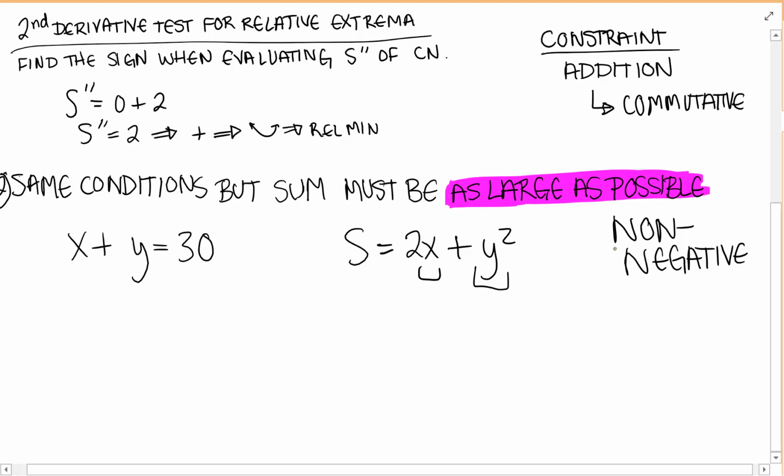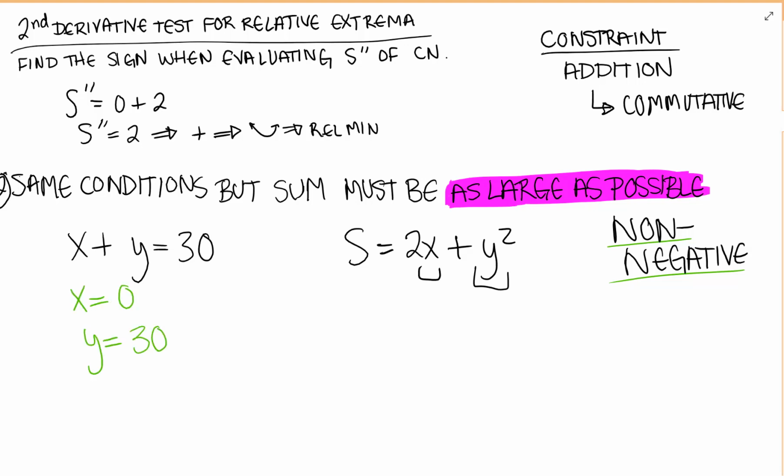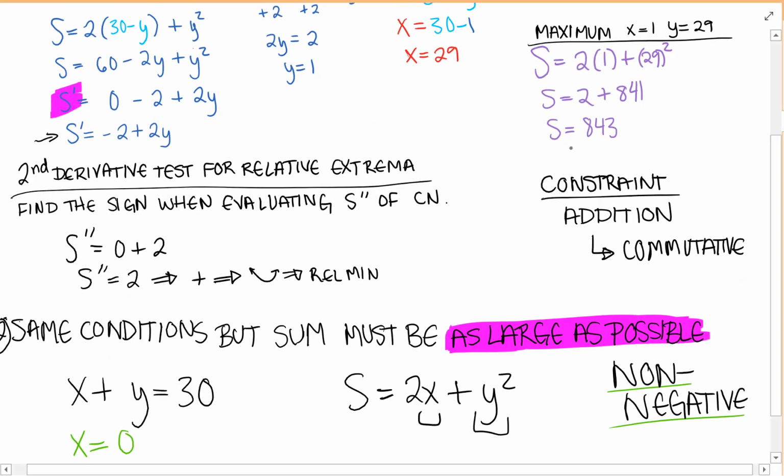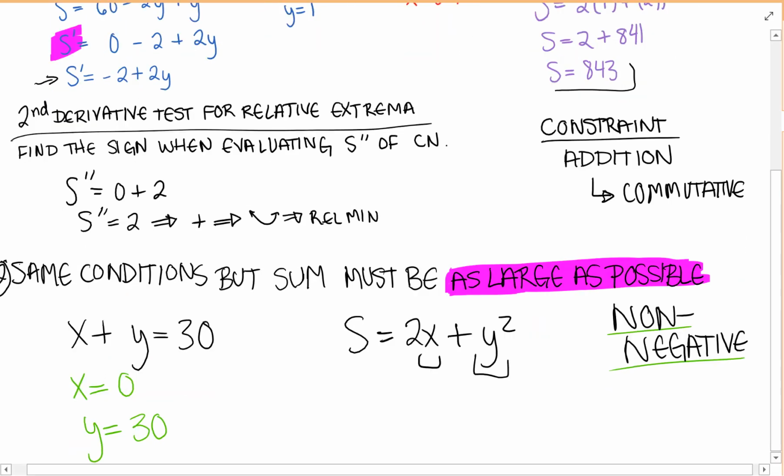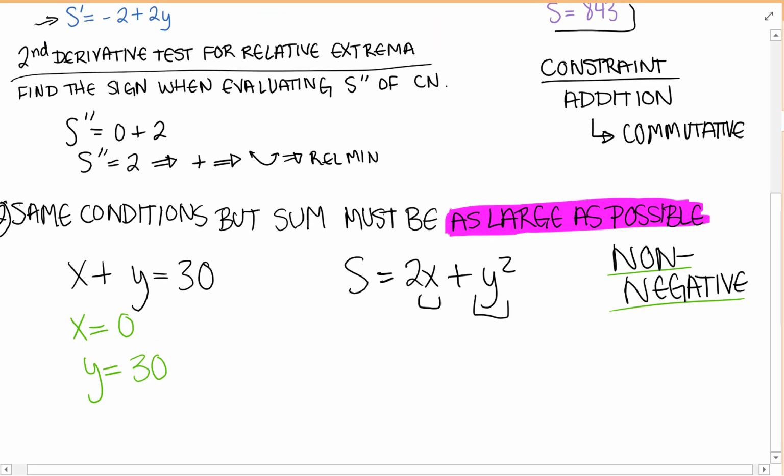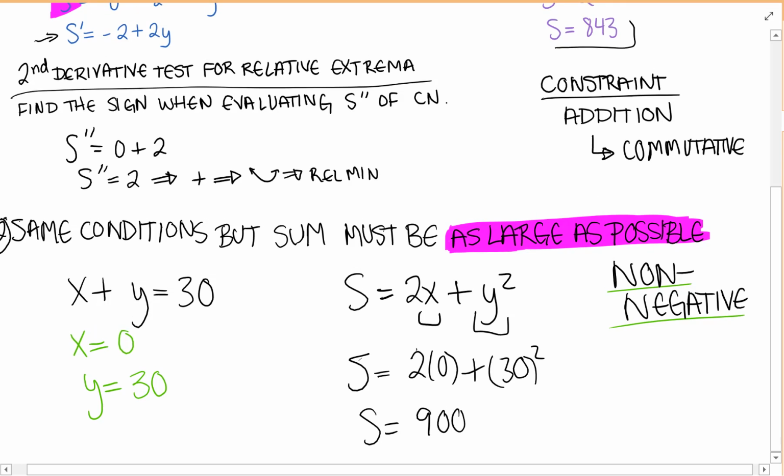Remember that x and y are non-negative, so what if x was 0 and y was 30? Would that sum be larger than the maximum that we found in the first one? Let's check. 2 times 0 plus 30 squared. 30 squared is 900. 900 is definitely larger than 843.